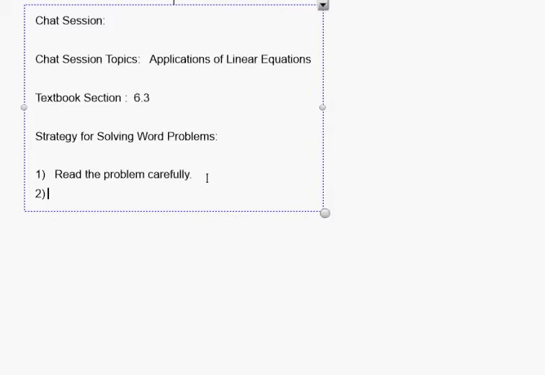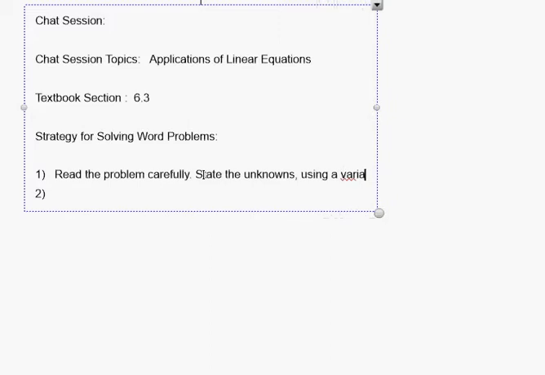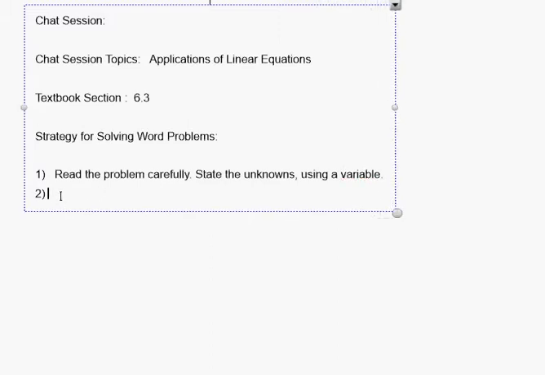State the unknowns using a variable. If needed, write in terms of x other unknowns.